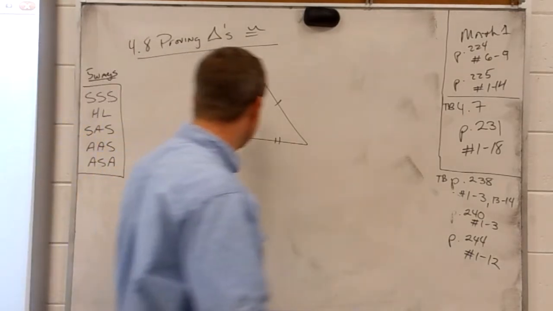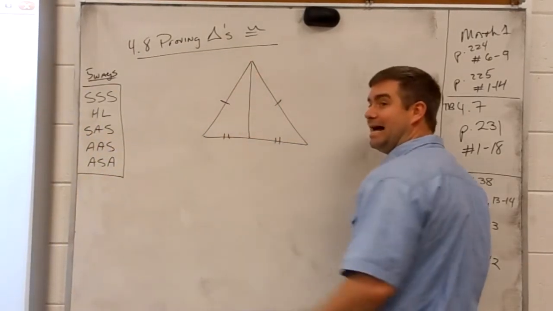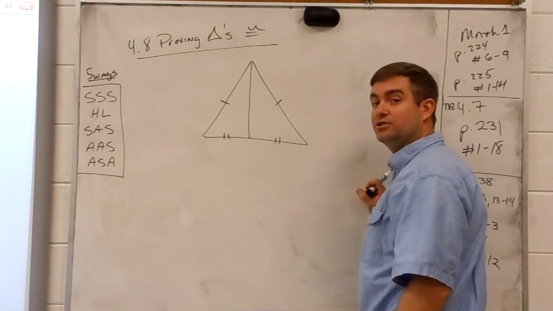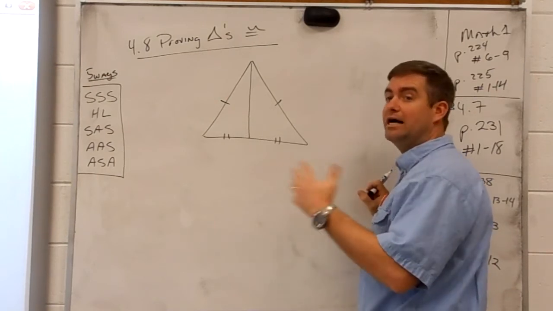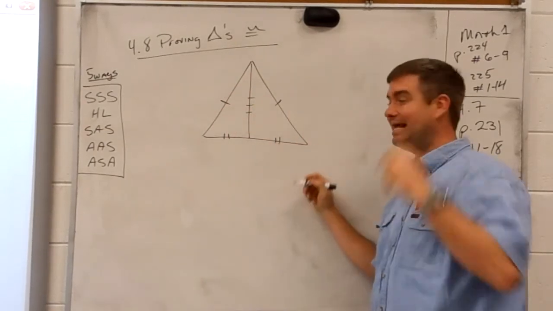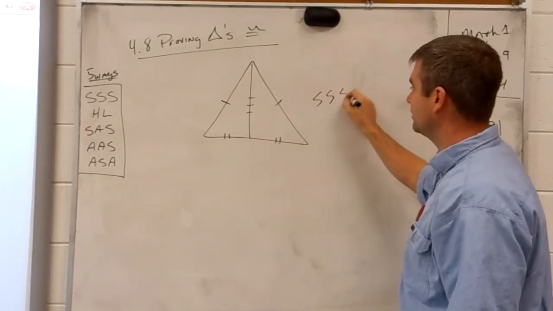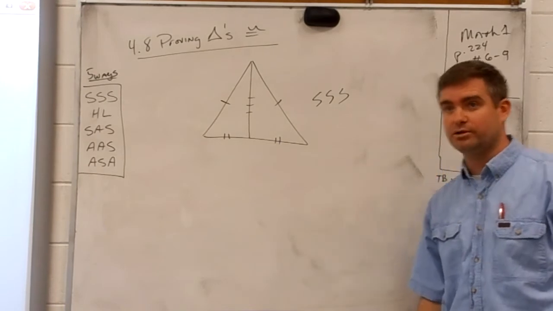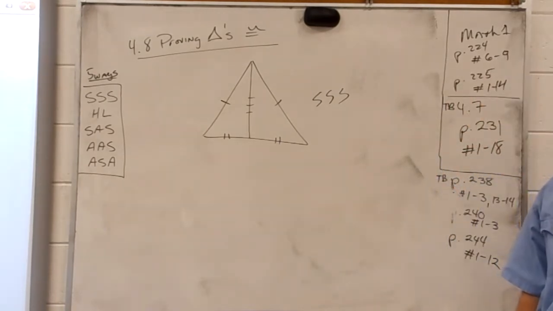How do we say this? The middle line is congruent to itself. Both triangles share that side. So I do this in my head and I say, yes, these two triangles are congruent. By what reason? Side, side, side. You have all 3 sides congruent to all 3 sides.